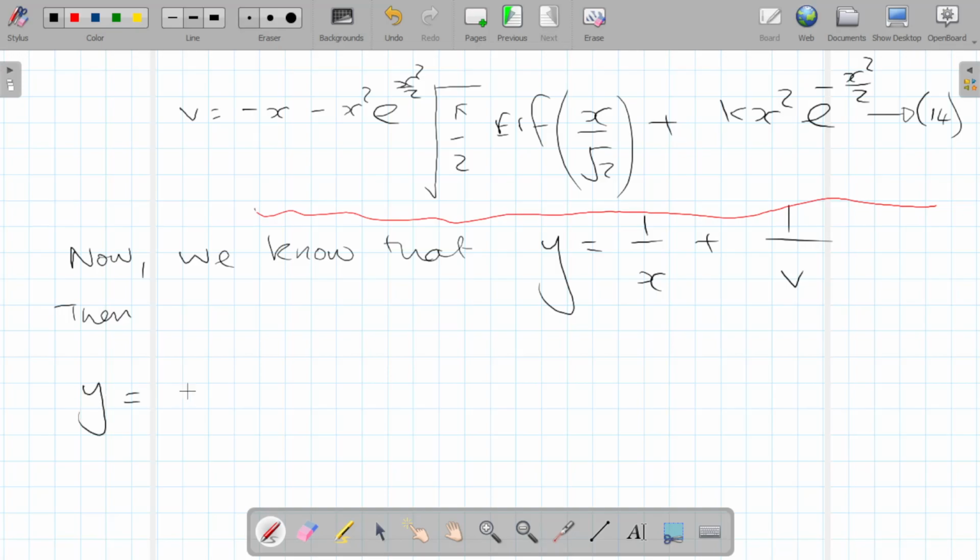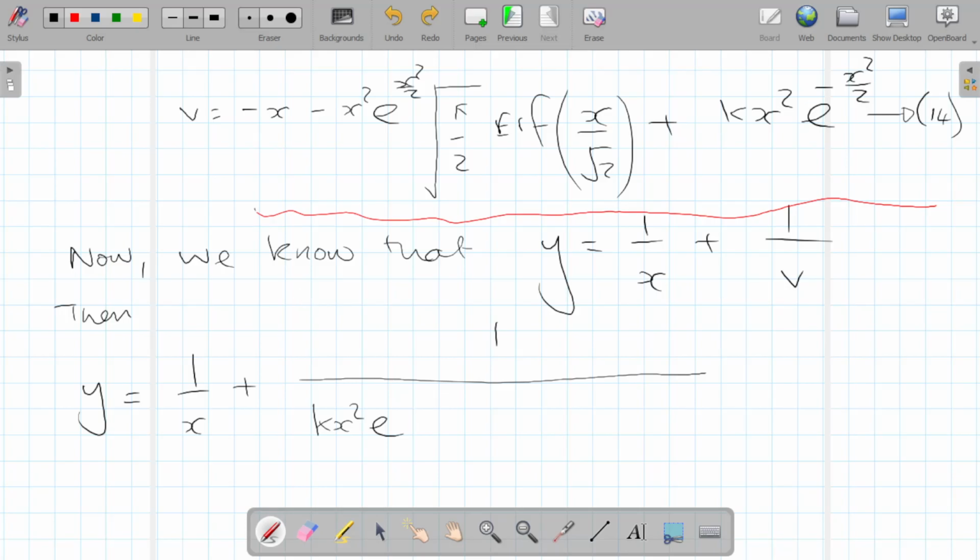y is equal to 1 over x plus 1 over, and I'm going to write this positive term first. So we've got kx squared e to the x squared over 2, right? It's not very plain, is it? So let's do it a little more boldly.